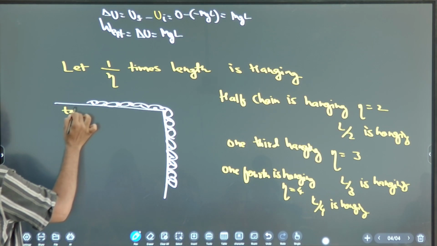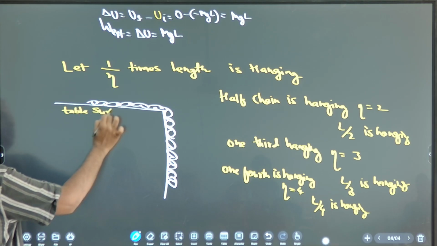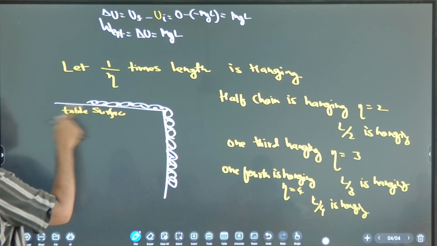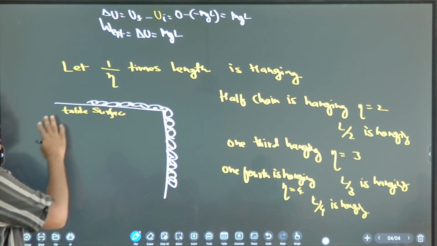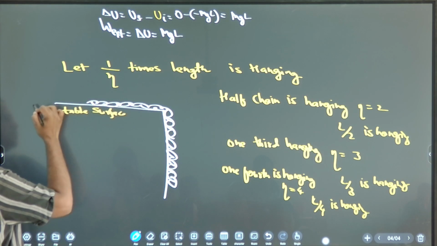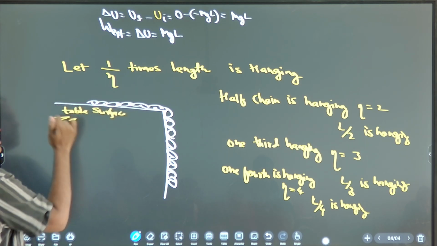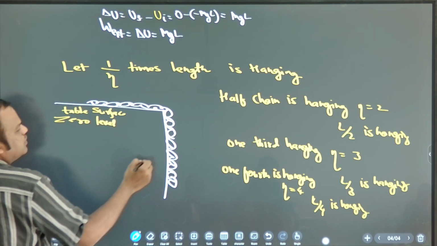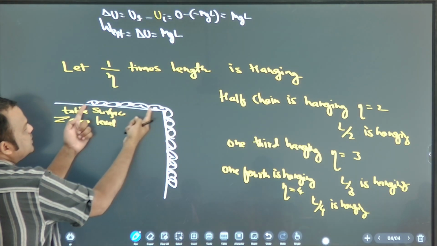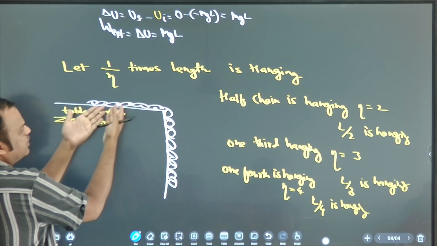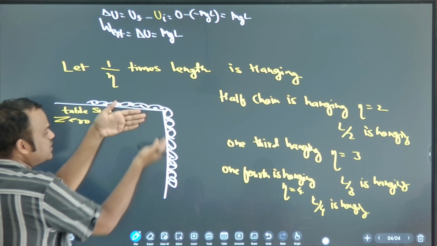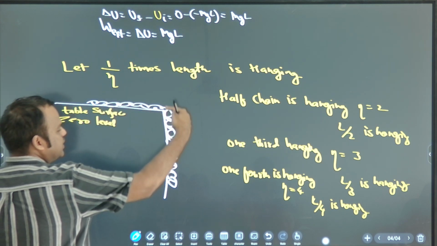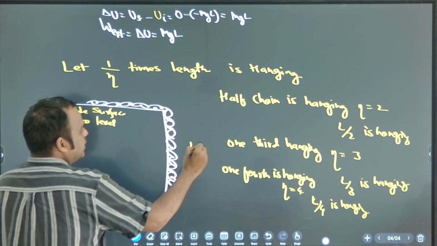Now this is the table surface, zero level. What is the potential here? Zero. Now this is the resting part. We don't care about this. The hanging part, what is the length of this? L by eta.